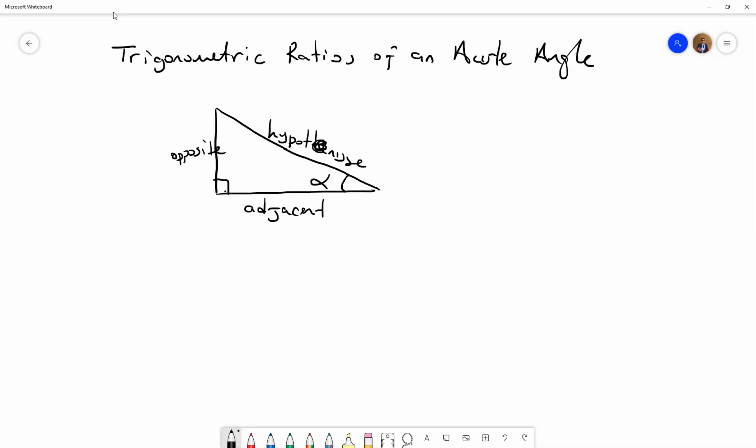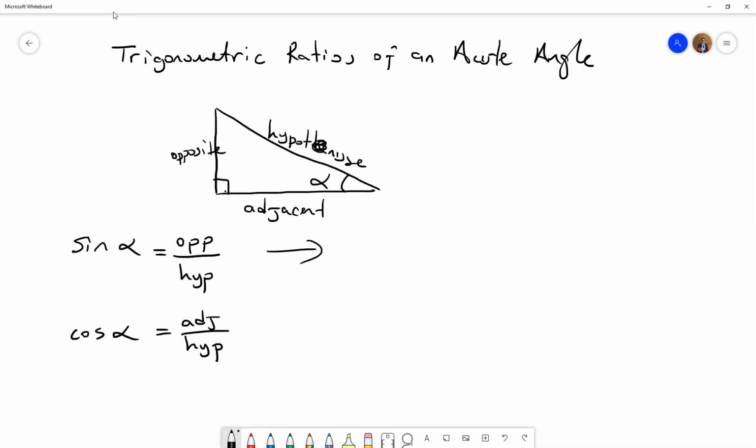If you want to find the trigonometric ratios, such as sine alpha is equal to opposite over hypotenuse, and cosine alpha is equal to adjacent over hypotenuse, and by sine we can find cosecant alpha is hypotenuse over opposite, and by cosine alpha we have secant alpha.